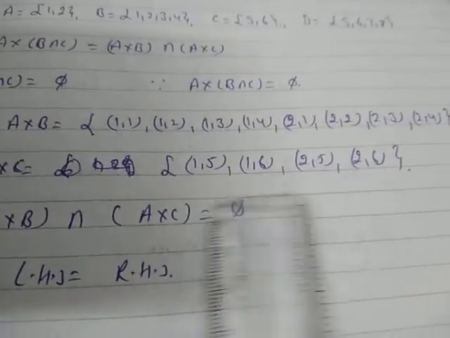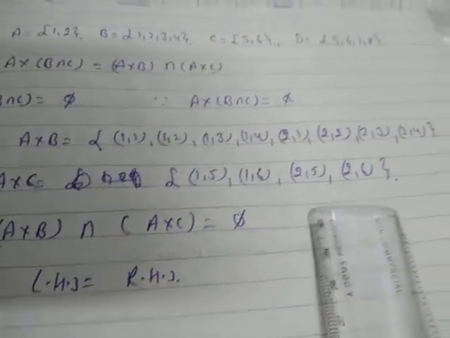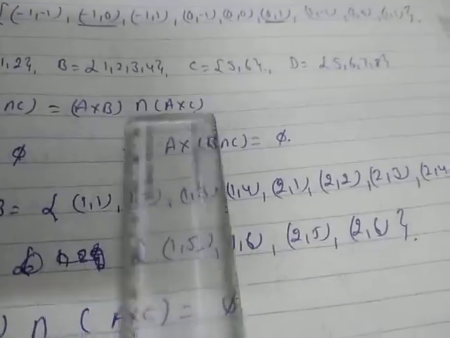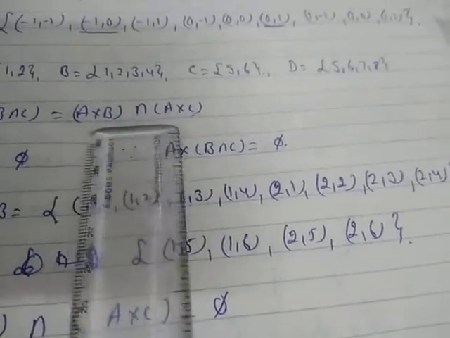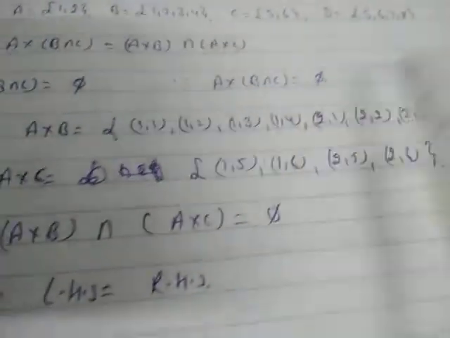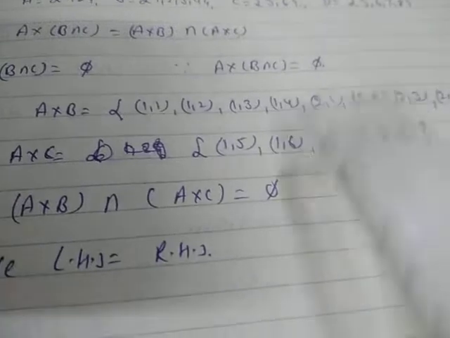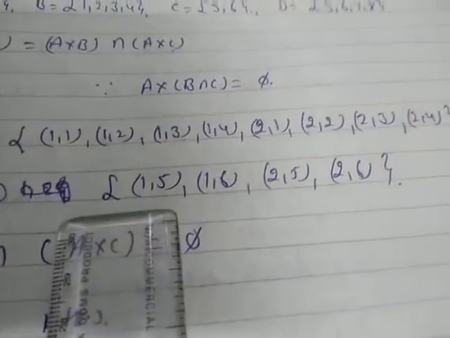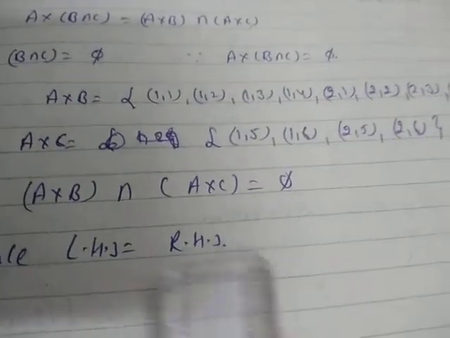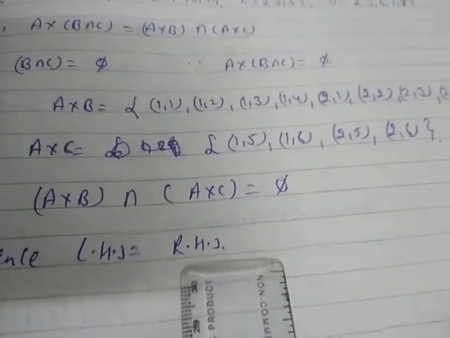Just see, I have written. Okay. Now you need to find the intersection, (A cross B) intersection (A cross C). Is any ordered pair common in these two sets? No one is common here. Therefore it is empty, hence LHS is equal to RHS.